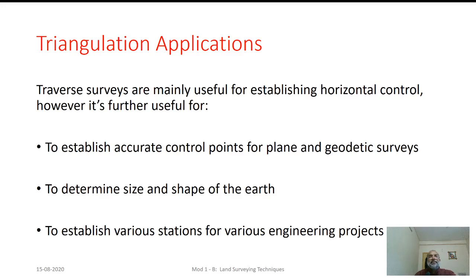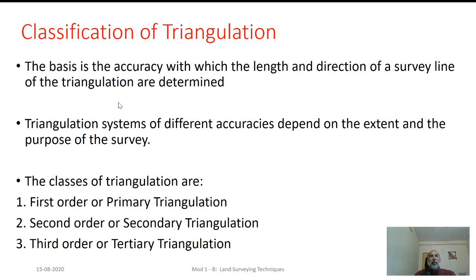So, here the classification of triangulation can be done on the basis of the accuracy with which the length and direction of the survey line of the triangulation are determined. Triangulation systems of different accuracies depend on the extent and the purpose of the survey.